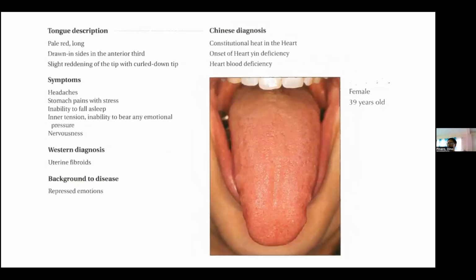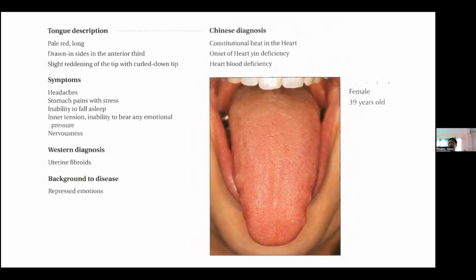Next patient is a female, 39 years old. The tongue is pale red, long. So there's a constitutional heat in the heart, drawn in sides in the anterior third. So there's an onset of heart yin deficiency. There's a slight reddening of the tip, which is curled down. Okay, so there's a heart blood deficiency.